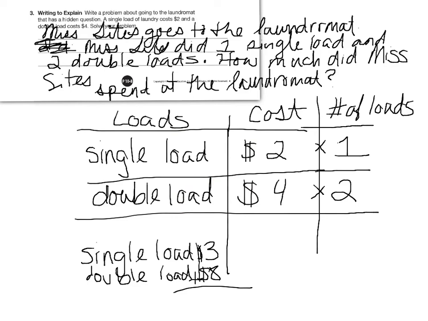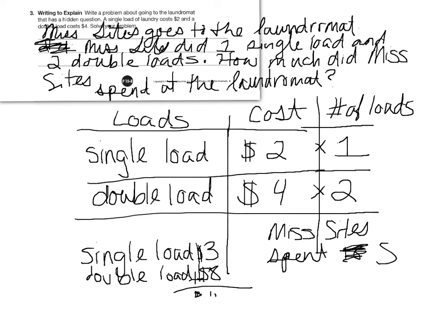So 8 plus 3 is $11. So our answer is going to be something like Miss Seitz spent, not 18, I get my numbers all mixed up, spent $11 at the laundromat.